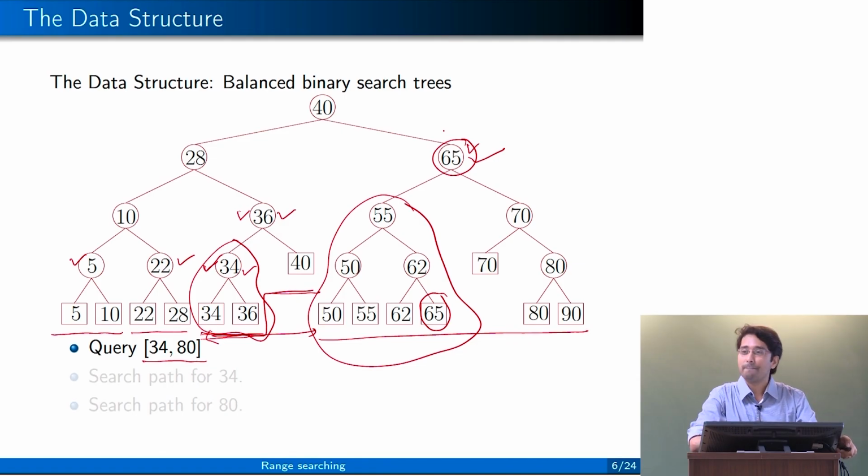Okay. So, we have this data structure. Now, the question is, we have built a data structure, but we need to do a query on this data structure. How to search for a range? What is our range? It is 34 to 80.